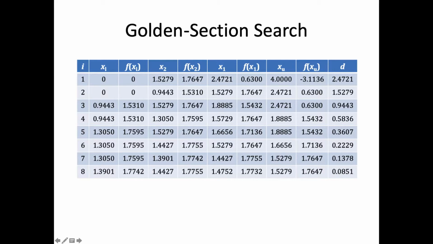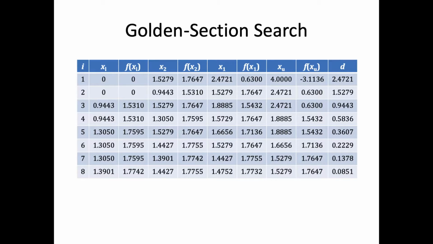In this case, f of x1 is higher, which means that we have to replace xl with x2. So we have this new xl here in the next iteration, and the old xu here in the fifth iteration. So we continue on, and you see that xl, x2, x1, and xu slowly converge to a particular value.